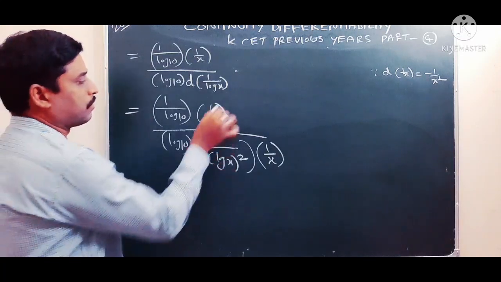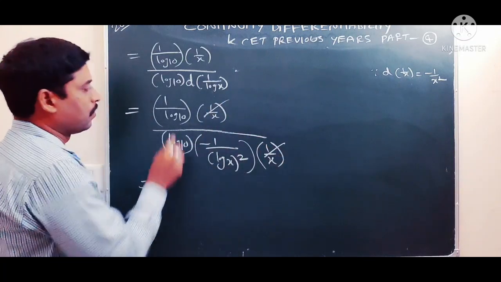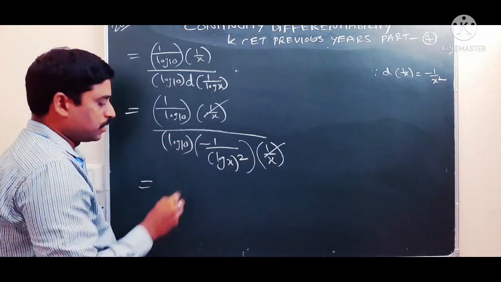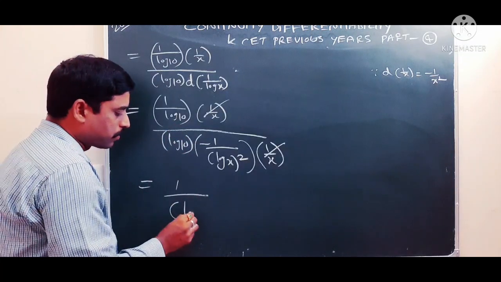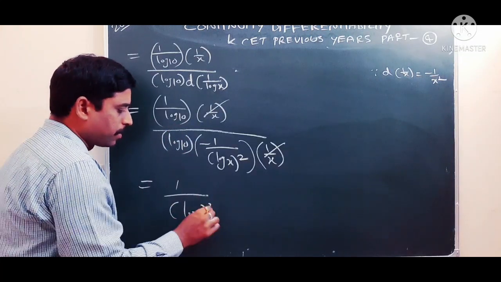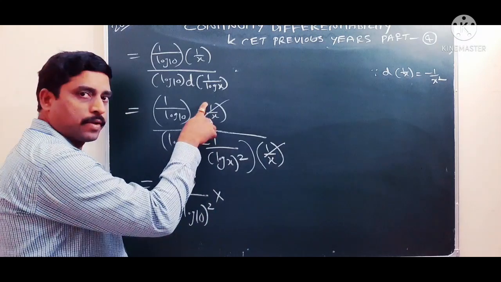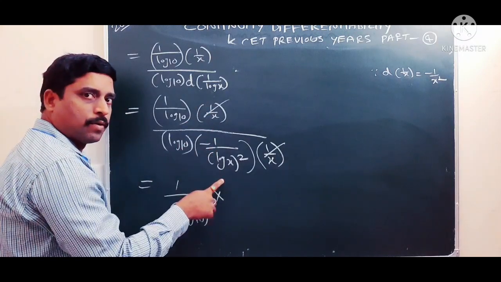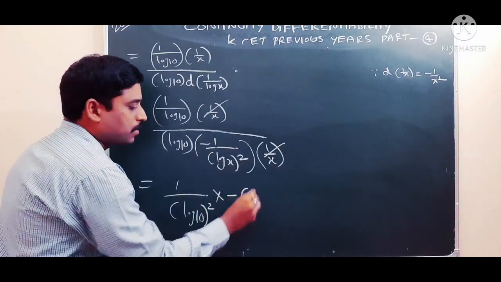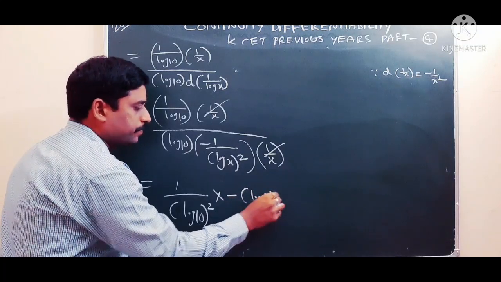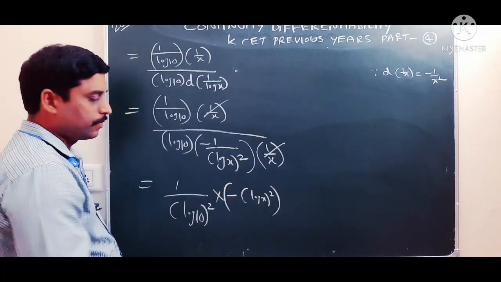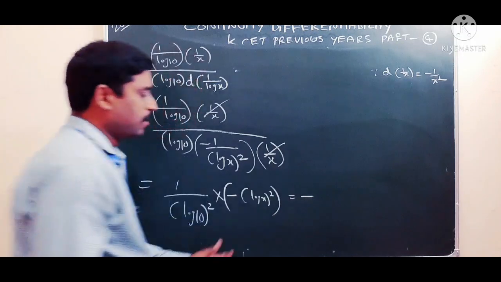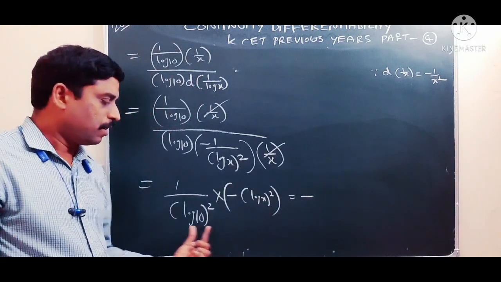So in this 1 by x gets cancelled, 1 by log 10 by log 10, this will be 1 by (log 10) whole square into 1 by minus 1 by (log x) whole square. This will be minus of (log x) whole square by (log 10) whole square.